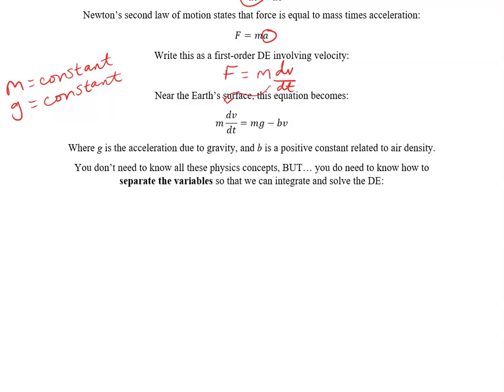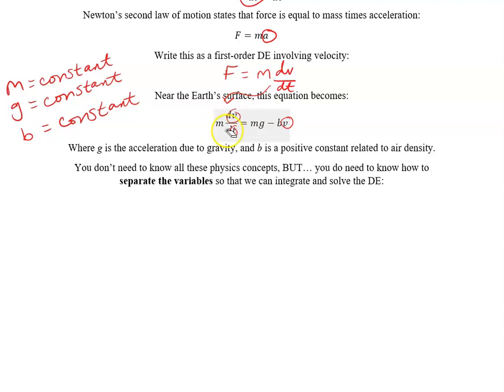Just know for this illustration that g is a constant. And of course, b is some constant, like I said, related to air density. I have no idea what that would be. I guess it depends on the object. It doesn't matter. The point is, I want you to keep in mind as we go through this example that your only variables are v and t. v is velocity, t is time, of course.